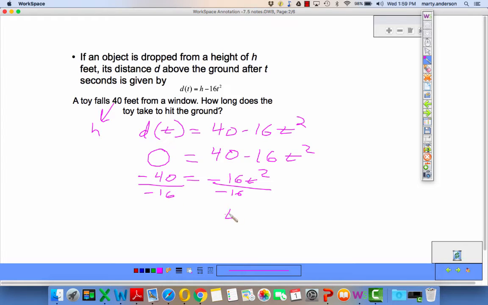I think in a time situation, we are probably looking, because 40 over 16 must be about 2.5. So in this case, we're looking at 5 over 2 or 2.5.